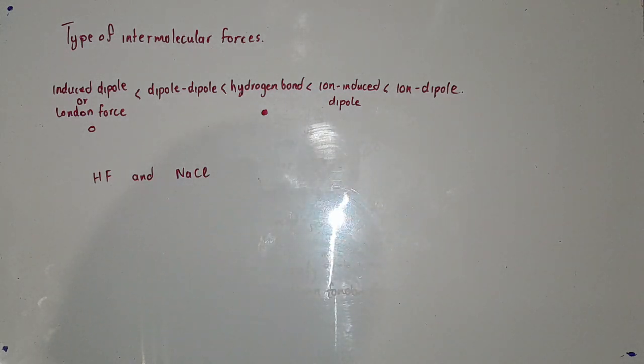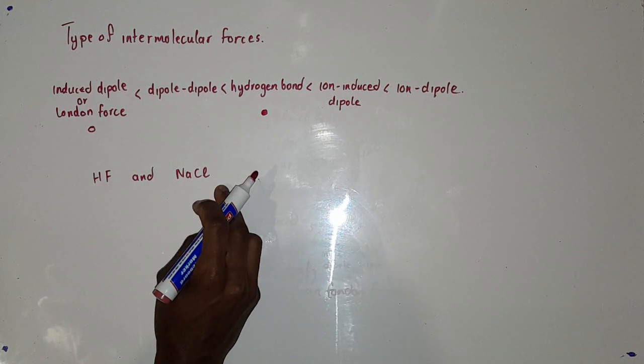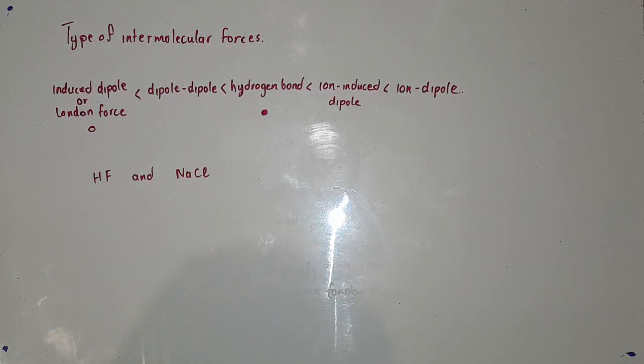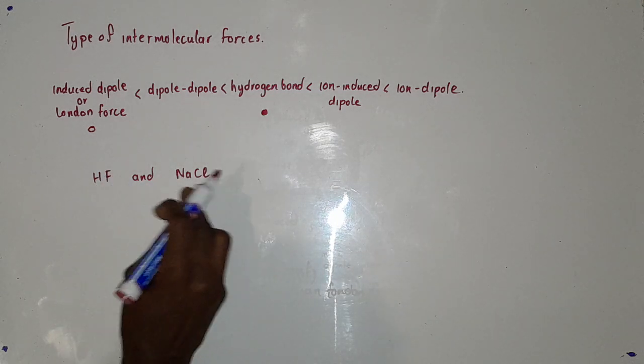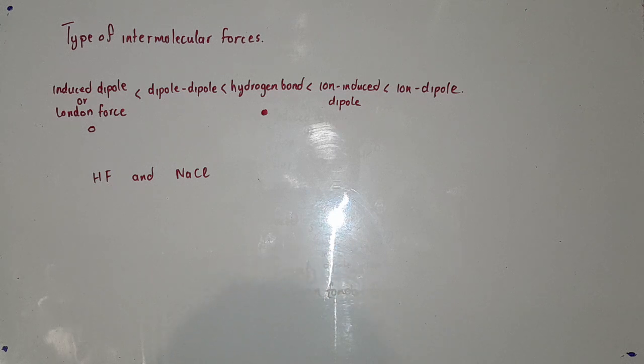Then I ask you this question: determine the intermolecular force that is going to exist between the two. Now, you see, I'm not asking you which is going to form a stronger intermolecular force. Then, what intermolecular force is going to exist between the two? How to approach this question?